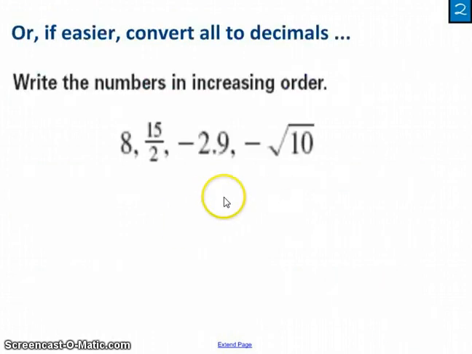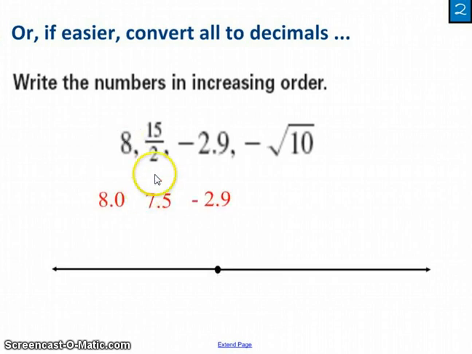Sometimes instead of converting to a common denominator, it's easier to convert all to decimals. Like in this case, it's easy to turn 8 to 8.0. If you can see that 15 halves is 7.5, then these first three are all easily converted to decimals. This is not going to be easy to work with either way, either as a fraction or as a decimal.